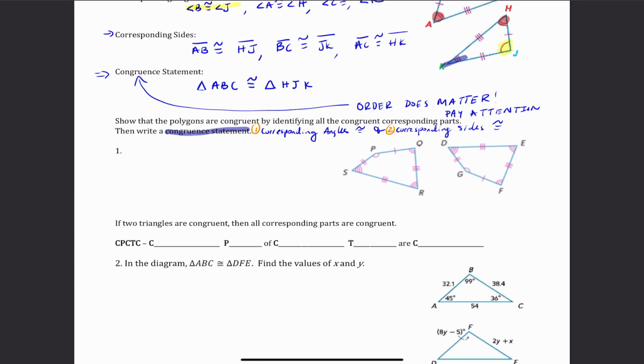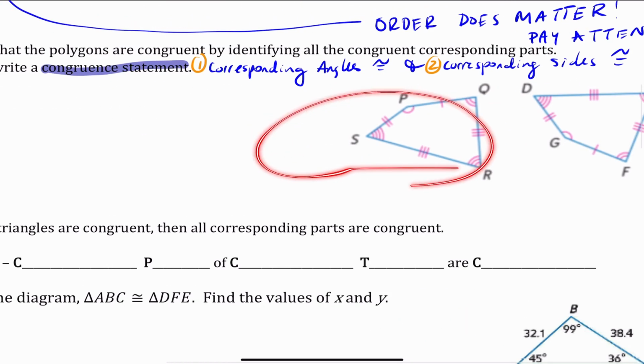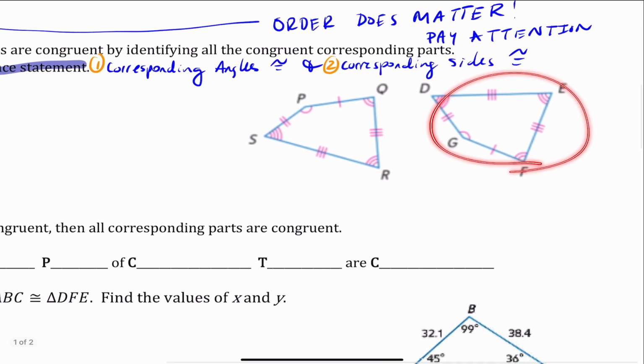So let's go ahead and figure out the corresponding angles. Again, we're just going to look at the number of arcs. I'm comparing this polygon to this polygon.